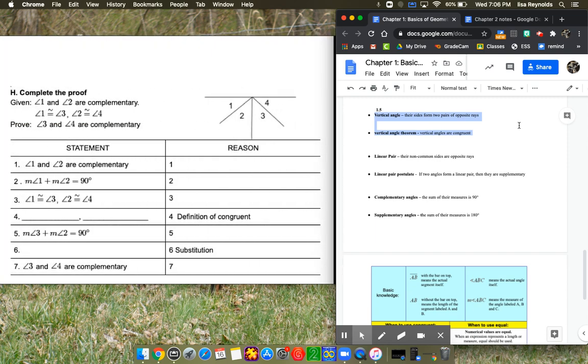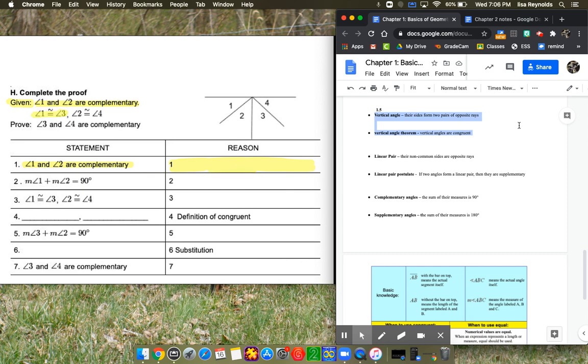And now for proofs. So when we look at this, we are going to complete a proof. The very first step I do with every single proof is I go through the given information and I locate it all within my fill in the blank. So angle 1 and angle 2 are complementary is statement 1. So I'm going to be able to fill in that first reason with given.